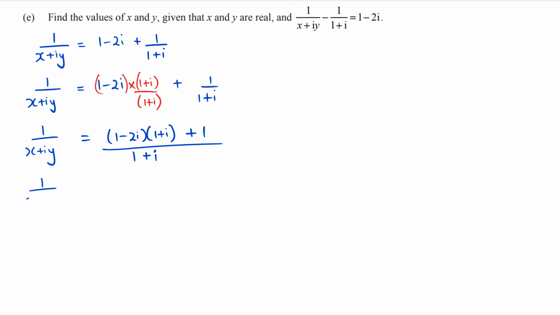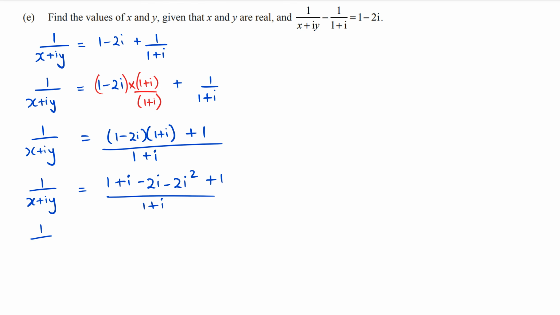So looking at that numerator on the right hand side, I've got 1 times 1, which is 1, 1 times i is i, minus 2i, minus 2i squared, plus 1, over 1 plus i.